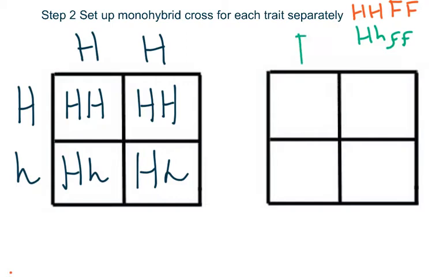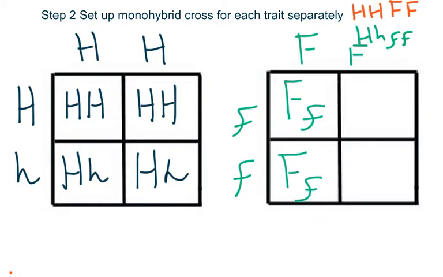So I'm going to do the same thing, but I'm going to put this trait in a different color. I'm going to bring them together. Okay, so that's step 2.